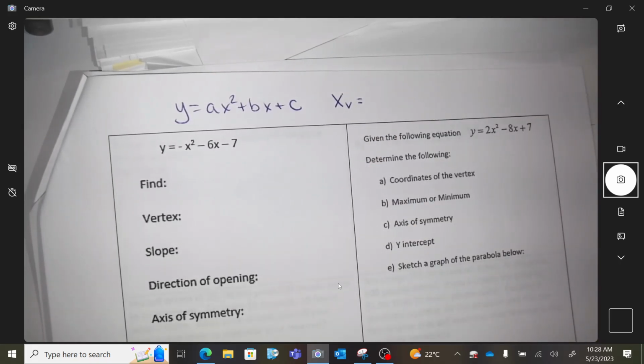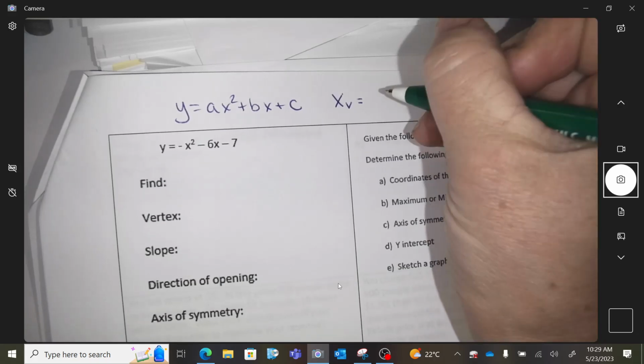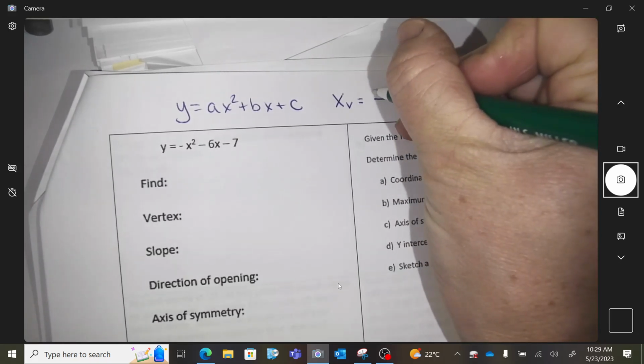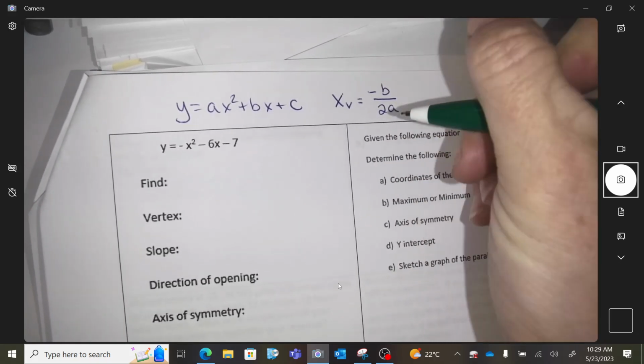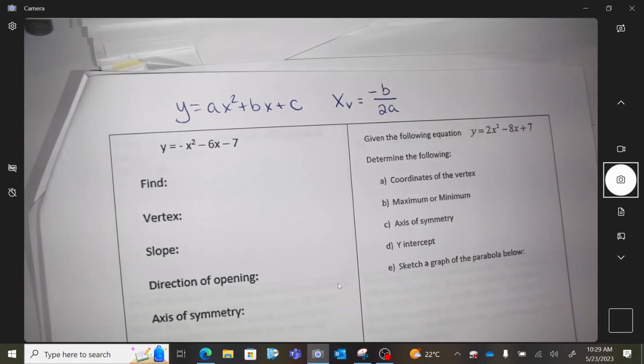Does anybody remember that tiny little fraction formula that helps us get the vertex? Yeah, negative b over 2a. So that's the one we have to do with this. So negative b over 2a.